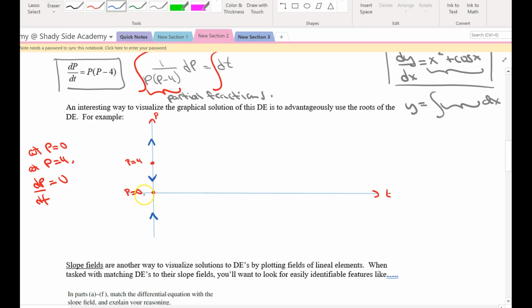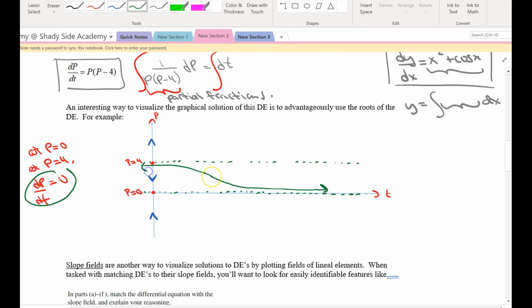And yet we know that at p equals 0 there's some kind of horizontal tangent line, because this suggests a horizontal tangent line. And also there should be some kind of horizontal tangent line at p equals 4 too, right? A rough schematic here maybe looks something like this. It could be a rough schematic of what p could look like.